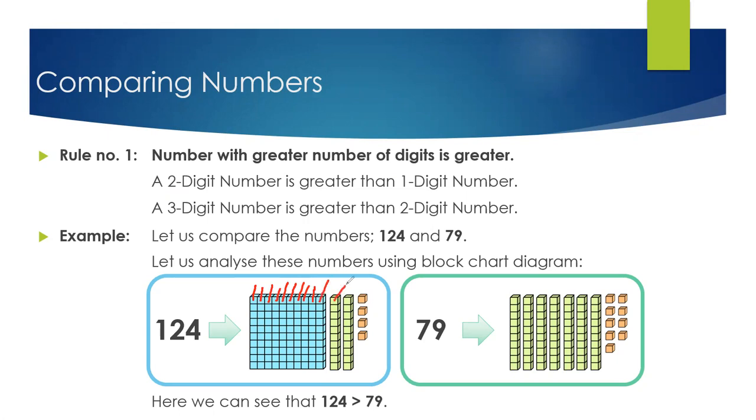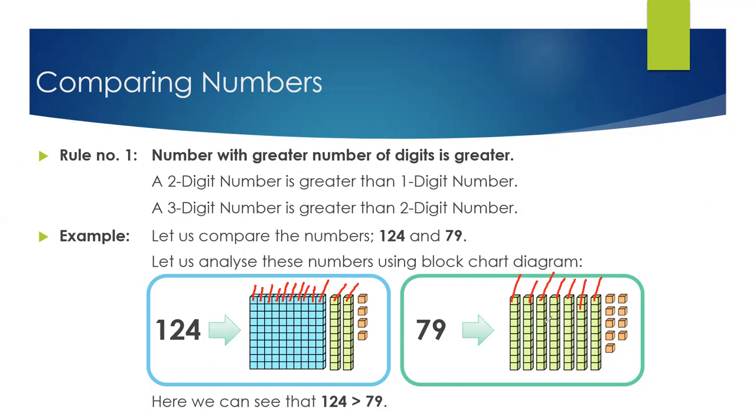Here is the 11th ten and here is the 12th ten. Here we have only seven tens: 1, 2, 3, 4, 5, 6, and 7. So as we have 12 tens here, out of which 10 tens form 100, 12 tens is certainly greater than 7 tens.